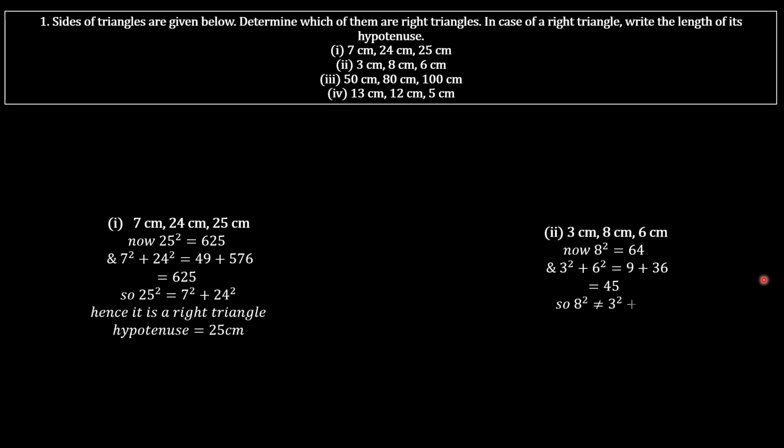Now see, 8 square is not equal to the sum of 3 square and 6 square, which means this is not a right triangle. So this is how, when the lengths of the sides are given, we verify whether the triangle is a right triangle or not. The remaining two parts you'll do yourself. Let's move to the next question.